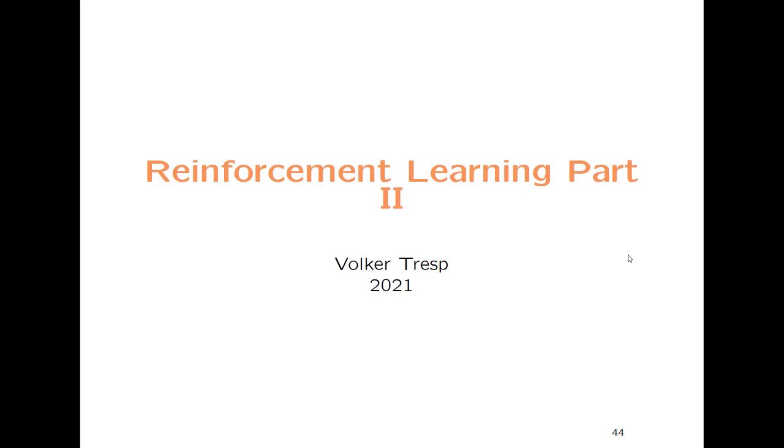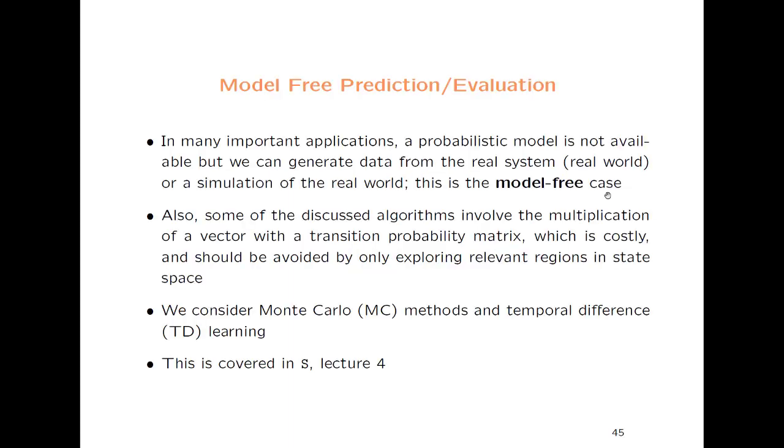Yeah, welcome back to Reinforcement Learning Part 2. So here we will consider the model-free case, which means that these probabilities we used before, the transition probabilities, the policy probabilities, are not available.